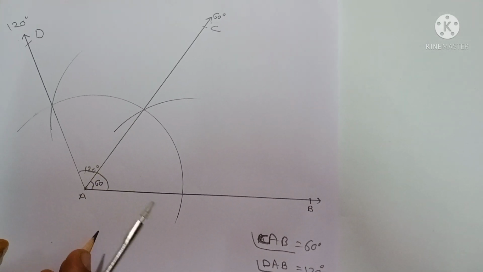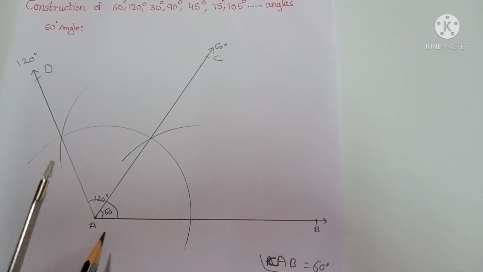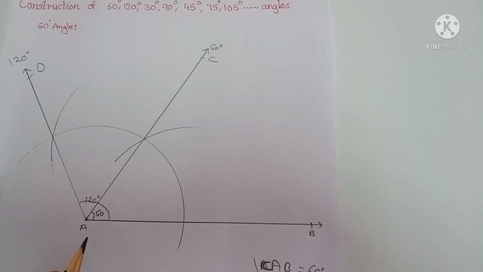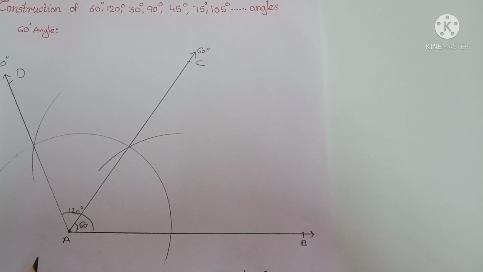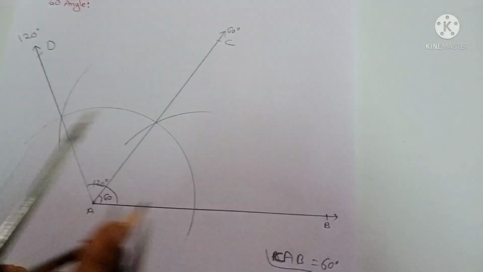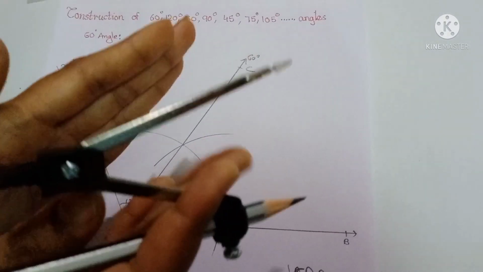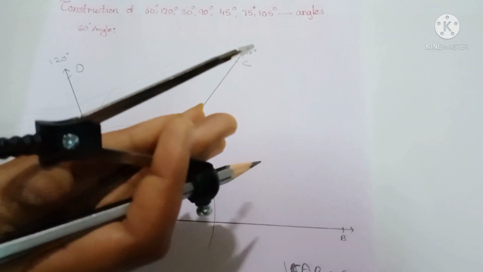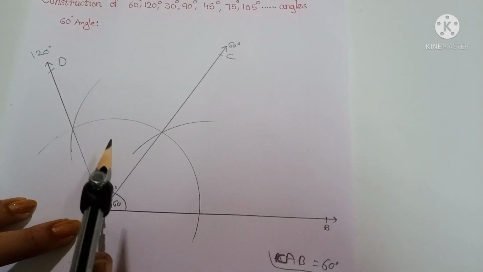Next, if we need to draw 30 degrees, how can we draw 30 degrees? In this case, we use the angle bisector. Bisect means dividing into two equal parts, like this.